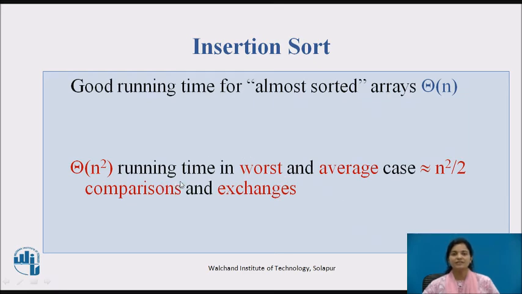We have already seen all the swappings, how many swappings we need to do. So 2 times we have to do this. So it is big O notation n square running time in the worst and average case, and at that time the comparisons required are n square by 2 and exchanges.